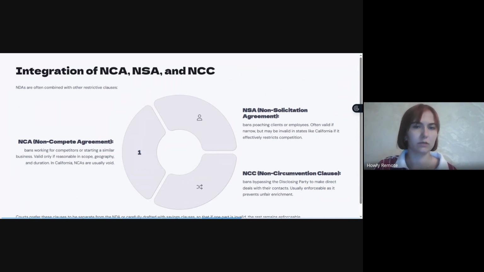Non-solicitation agreements stop the receiving party from taking clients, partners, or employees, usually enforceable if specific. Non-circumvention clauses prevent the receiving party from bypassing the disclosing party to deal directly with its clients. Courts usually accept these clauses.